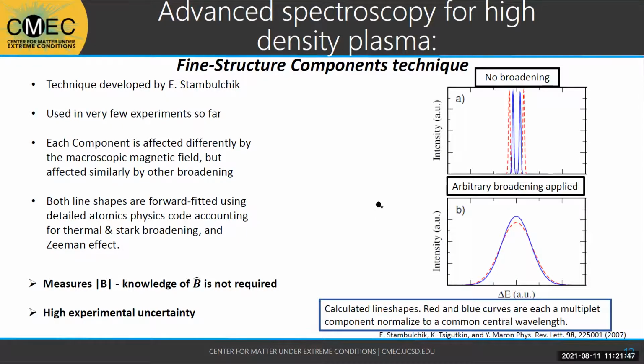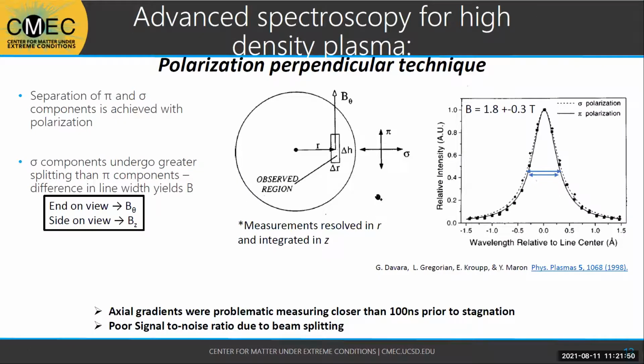Another spectroscopy technique, and this one is polarization-based, is what I wrote here as the polarization perpendicular technique. This is what you can use if your spectroscopic line of sight is perpendicular to the magnetic field that you're trying to measure.